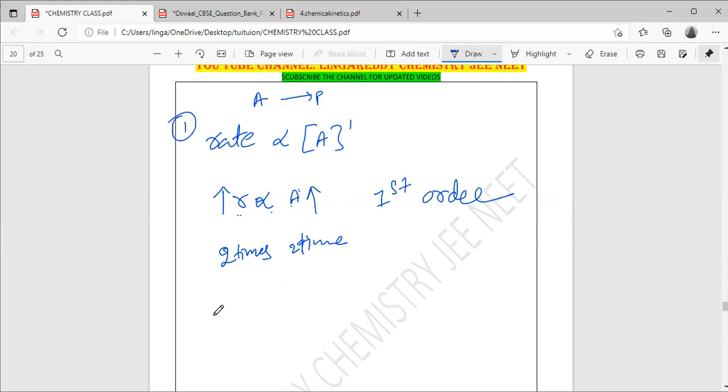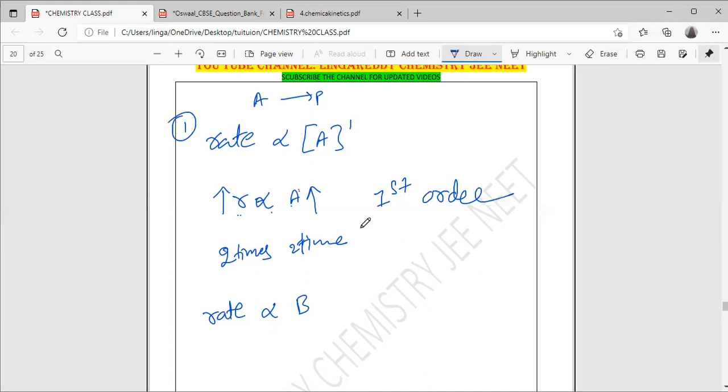So case 1 over. Suppose rate is directly proportional to B. Now I am increasing this B 2 times. Suppose rate is increasing 4 times.